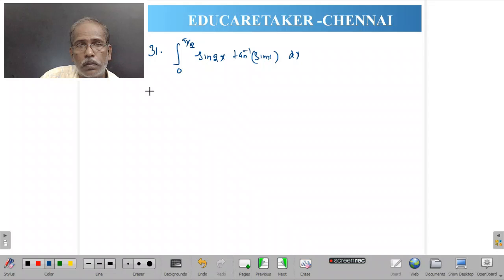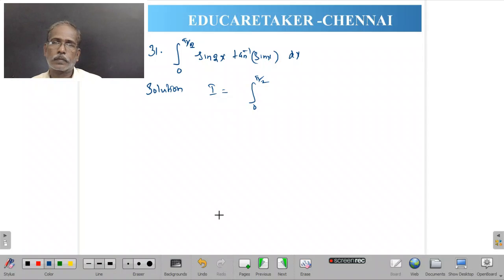I equal to the integral from 0 to pi by 2 of sin 2x and tan inverse of sin x. If we apply the complementary property, f of x equal to f of a minus x, sin x will be cos x, tan inverse of sin x plus tan inverse of cos x.